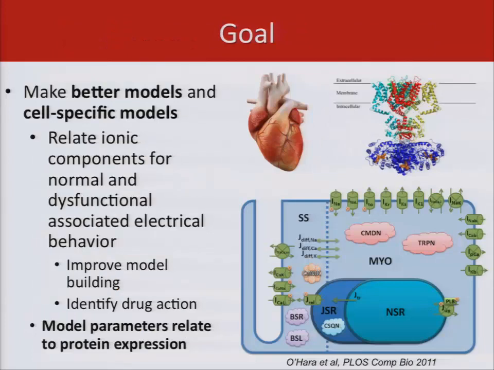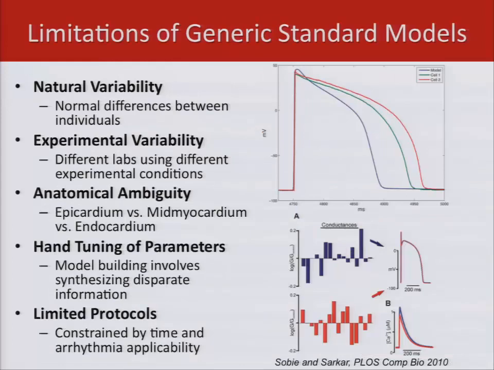So our goal in this study is to relate the underlying ionic components to what is going on in the overall electrical behavior. And in working toward this goal, it's motivated by the limitations of generic standard models. For example, there's natural variability between all of us.